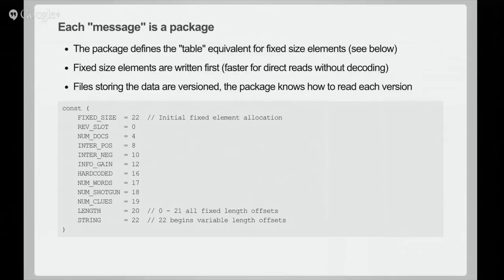So it means you don't need to put a lot of decoding instructions in the actual binary encoding itself. And it also means that when you're accessing any of the fixed size stuff, you can read it directly without actually having to skip on to any offsets or look up where it is or how long it is and things like that.